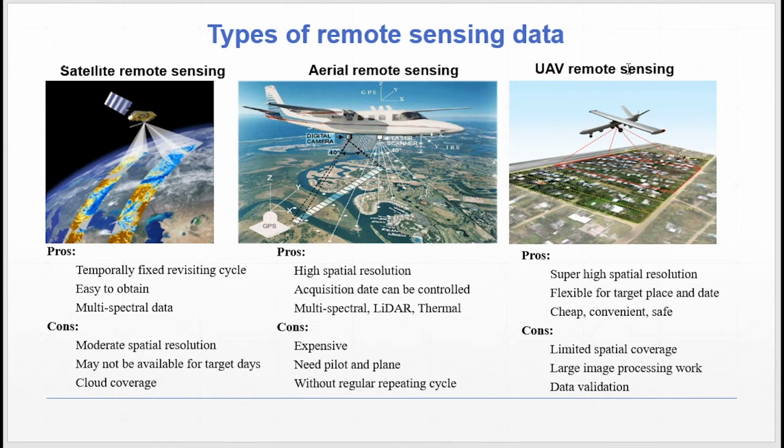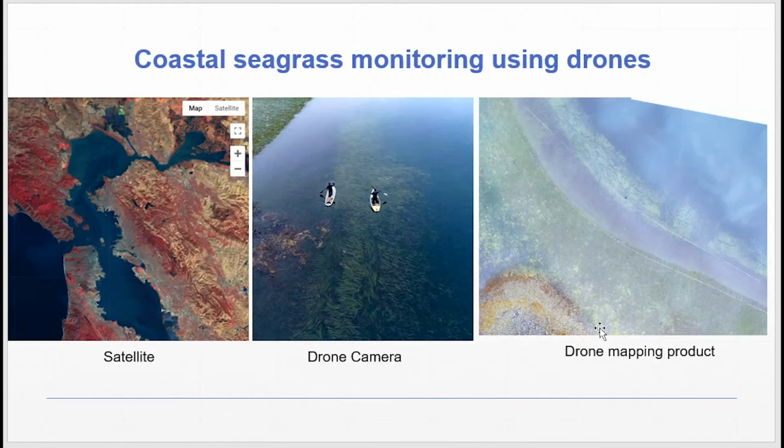UAV remote sensing has been developed really fast in recent years. It is similar to aerial remote sensing. It can also provide a very high spatial resolution, but it might need some extra work for image processing and data validation.